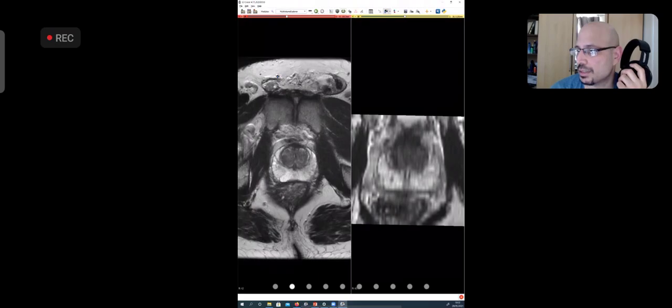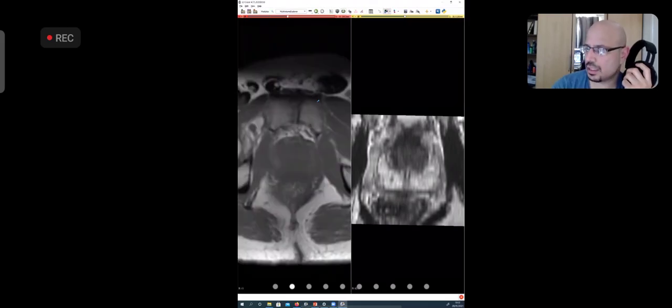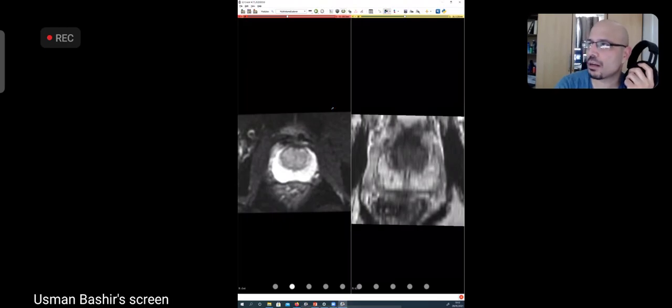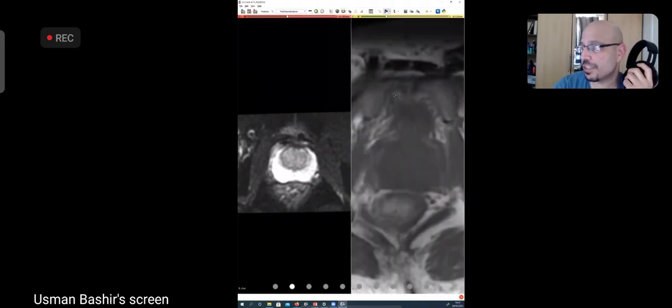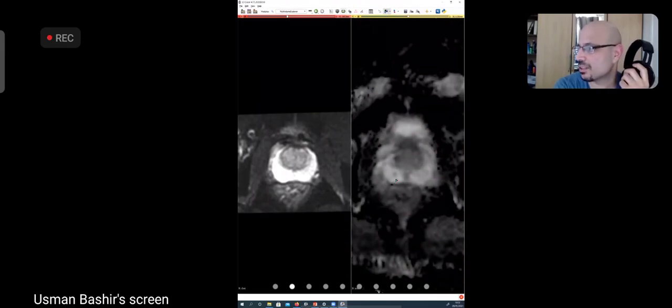Let's see. So this is the ADC map. But yeah, that said, I think I'll not go into a lot of detail. But I hope whatever I tell you should be quite helpful anyway. But if there is feedback that we need more, and I'm sure there's going to be, because everybody wants to know more, I'm happy to have another session about it.